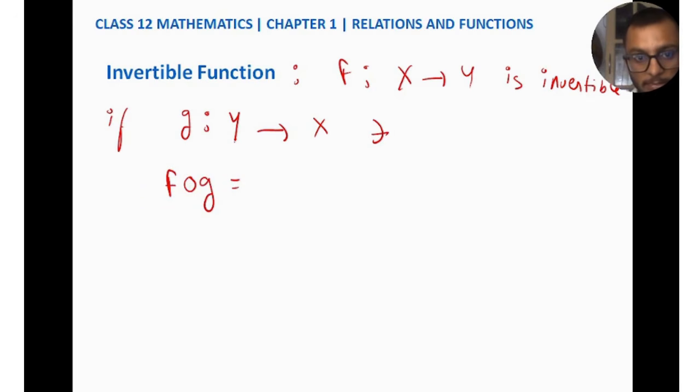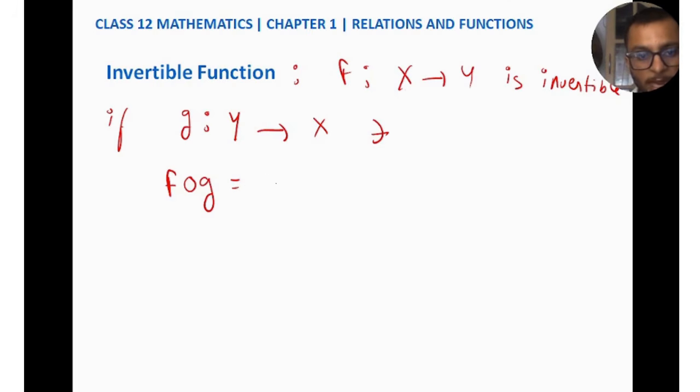It will be Y, right? First g will act, so its domain should be Y, and g will act from Y to X, then f will act on that from X to Y, so its codomain will finally be Y.